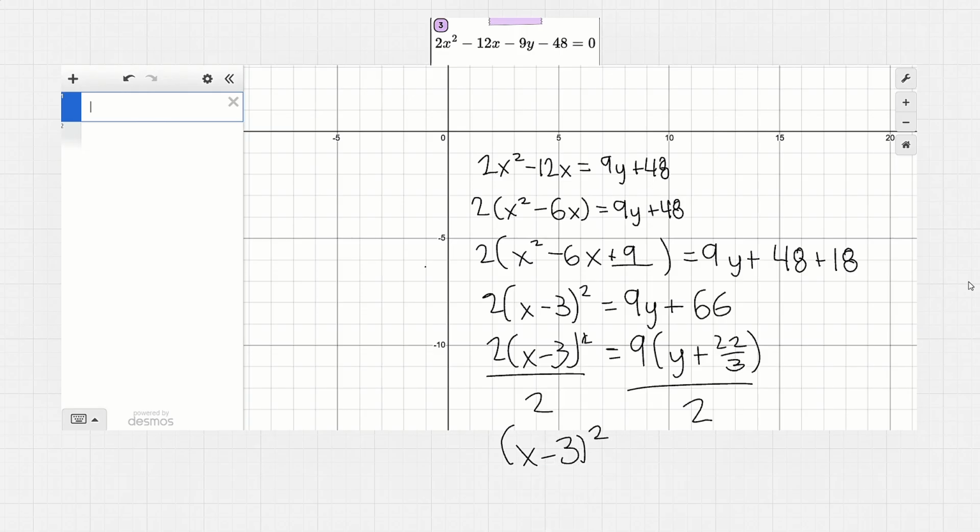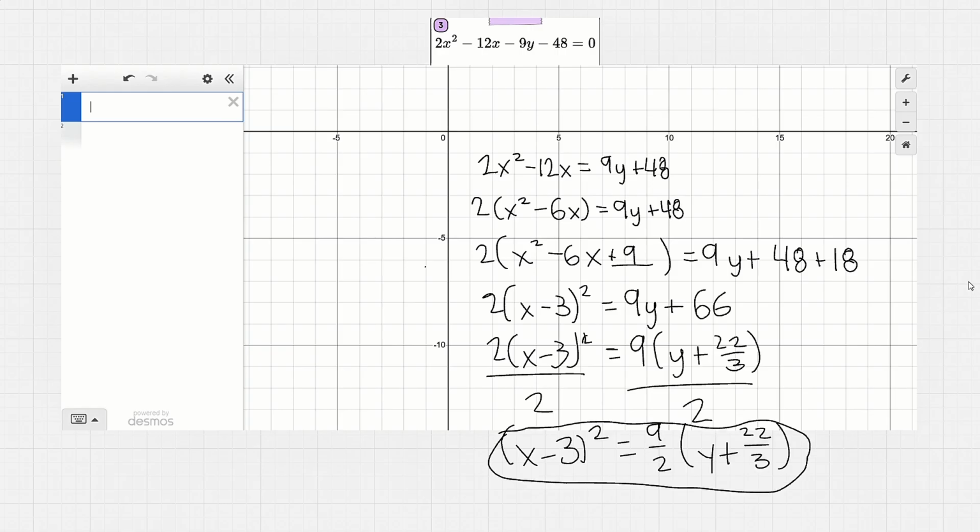So, we're going to get x minus 3 squared equals 9 divided by 2 parenthesis y plus 22 over 3. Now this must be our standard equation.